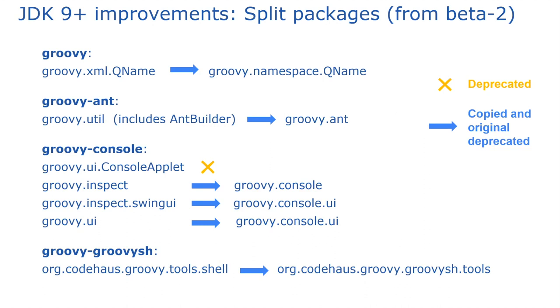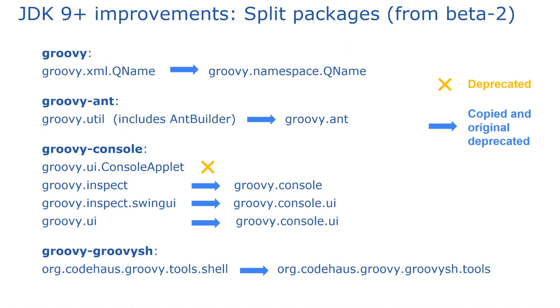Well, we've taken a little step back from that, as we thought the impact on the community would be quite large. So in Groovy 3, there are both the newly named versions of everything that's fully compliant with the split package requirement, as well as all the original classes, which are deprecated. So go and read the release notes of Groovy 3 if you want to make your stuff compliant.